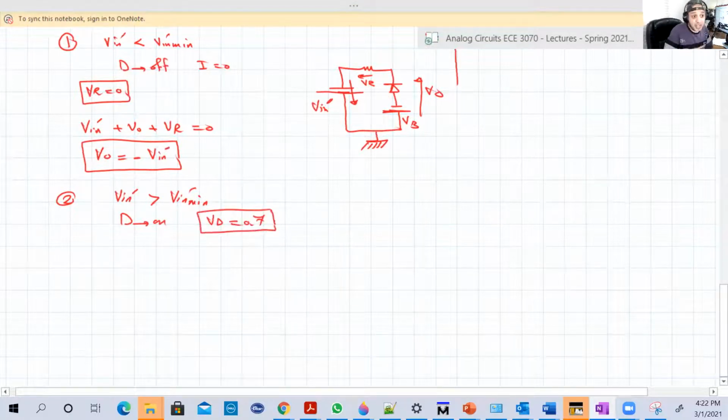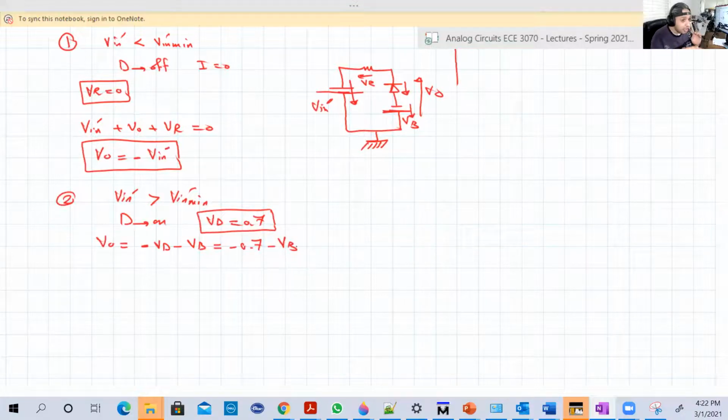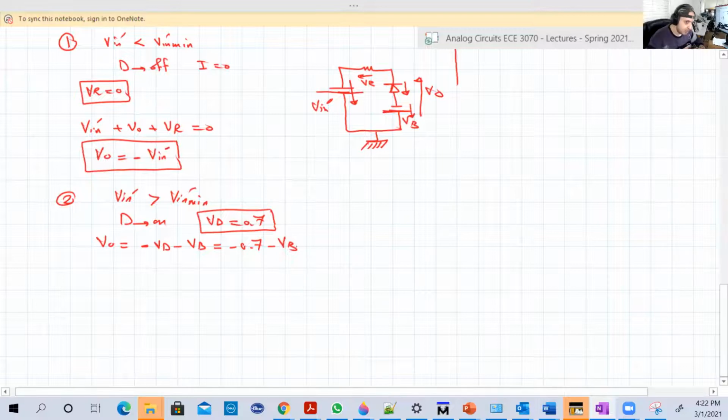Now we can calculate V output. V output will be constant. V output, remember, is equal to minus Vd minus VB. So it's minus 0.7 minus VB. Of course, we have numbers for VB and VD, but I like to leave it in terms of VB, assuming that VB is greater than 0.